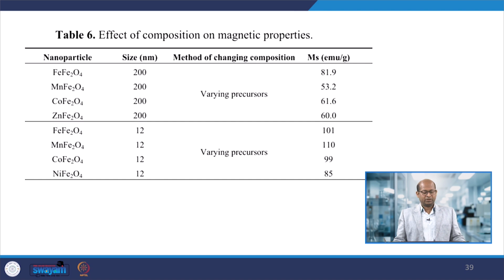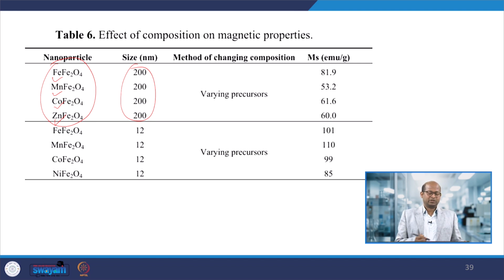Okay, so now the effect of composition on magnetic properties. Here you can see nanomaterials based on iron, manganese, cobalt, or zinc with iron, with other metal oxides also impregnated, using different precursors.